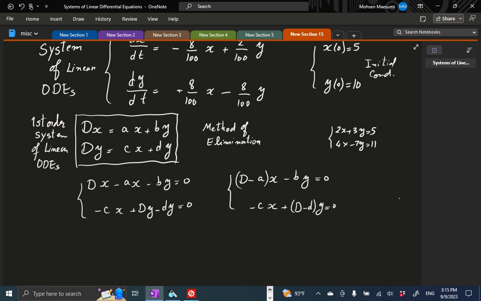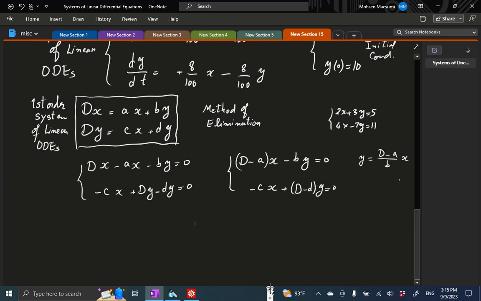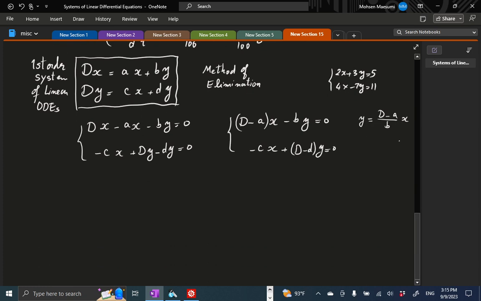If you want, you can use a substitution, like from this equation you can write y is D minus a over b times x, just like how you would have done it with numbers. And then what? Well, we can take that and substitute in the second equation. So I'll have minus cx plus D minus little d times, for the y, I put this thing, D minus a over b times x, equal to 0.